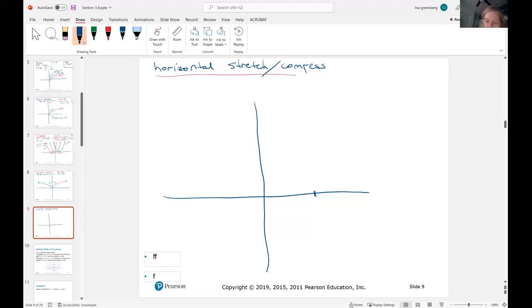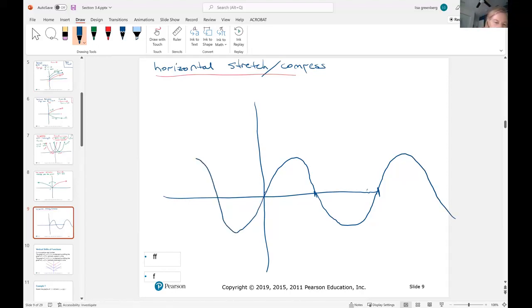So if I were to draw this graph, it's going to look like this and like this, and then it's going to continue on forever, okay? And it does the same thing in this direction, okay? So this is the graph that I'm talking about.